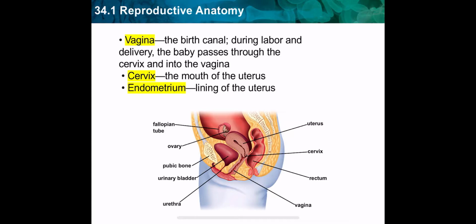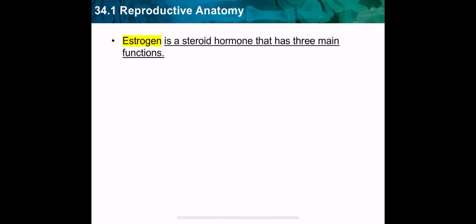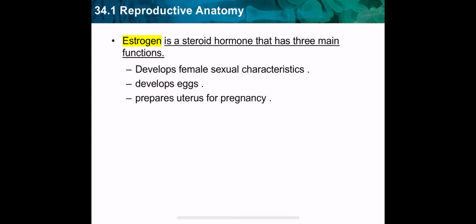This is regarding the female reproductive parts. What about the female reproductive hormones? There is one important hormone called estrogen. Estrogen is a steroid hormone, so it's lipid in nature, and it has three main functions. It is responsible for developing the female sexual characteristics, like distribution of fats and the development of the body of the female.